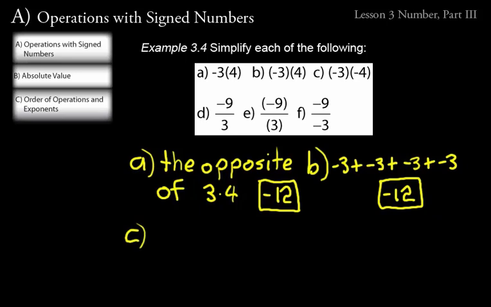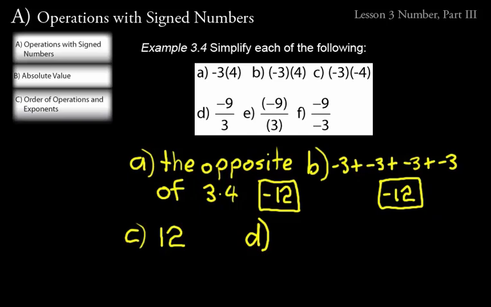C, let's just think of our pair of unlike signs there. That means that we'll have a positive result, so that will just be a positive 12. And we don't have to put plus in front of it. We'll just write 12 down. It's understood if there's no plus sign in front of it that it's a positive result. D, we have negative 9 over 3, so we have a pair of unlike signs.